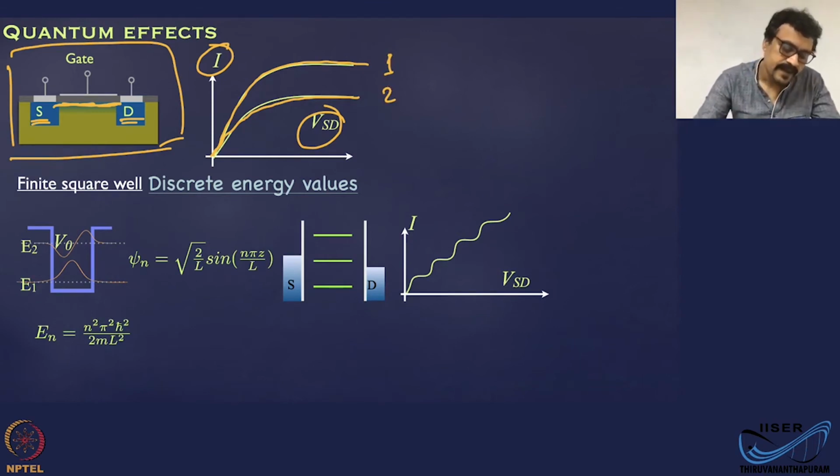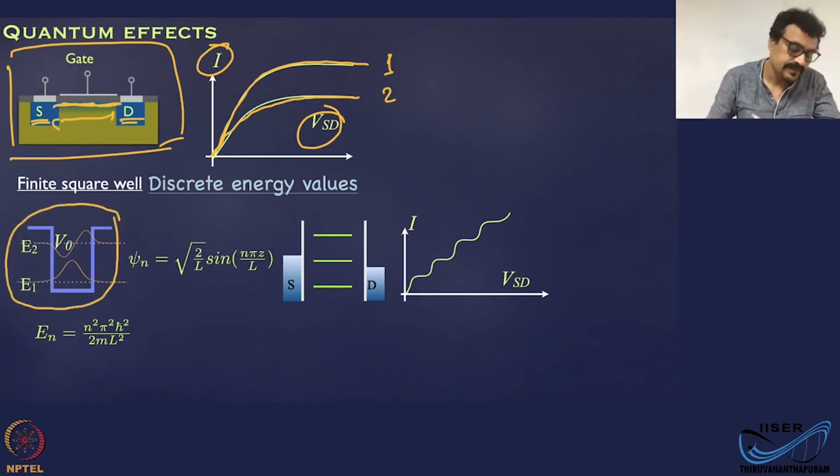Now the action of reducing the channel dimension into the quantum regime, by which I mean really small, something like a few tens of nanometers, then your introductory quantum mechanics says that when you make something very small, you can have a discrete number of allowed states inside it. When you have a large region, you have a continuum of states, continuously distributed.